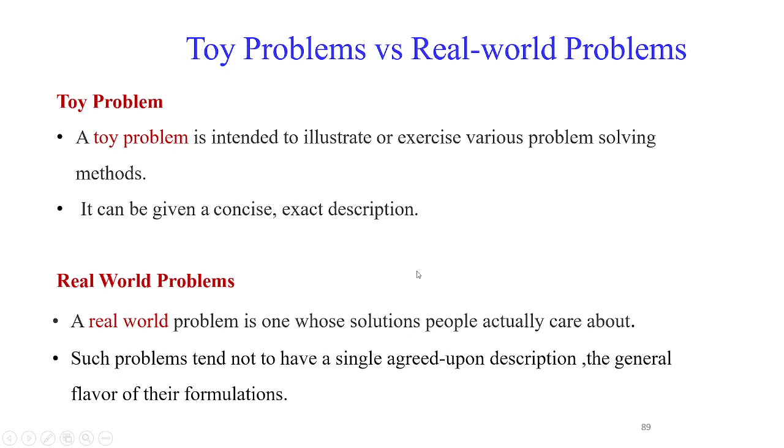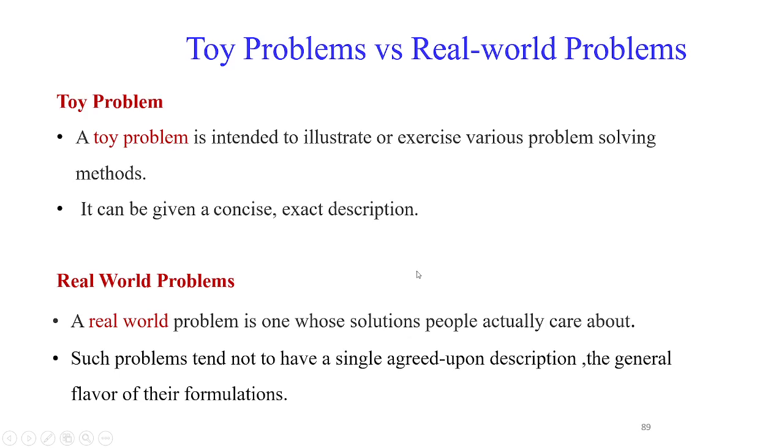It is special in that it can be described concisely and exactly. There is no ambiguity. We know the rules, we know the exact description, we know the boundaries, we know the goals. Everything is given to us.